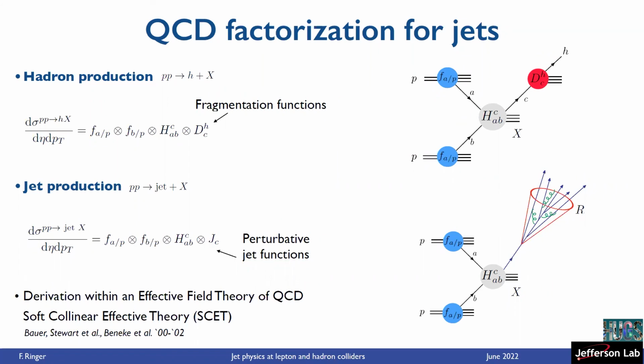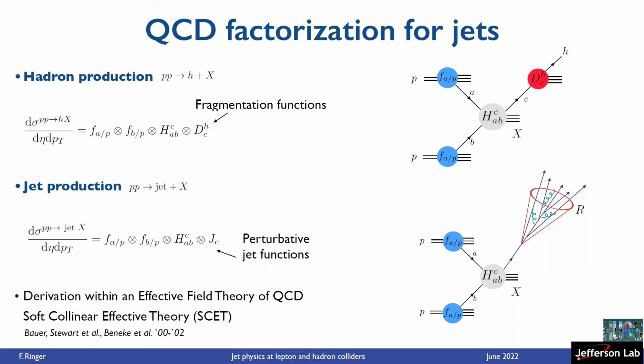I still have two PDFs, I still have the same parton functions. But what I have now in the final state is not a transition from partons to hadrons, but a transition from partons to a jet.